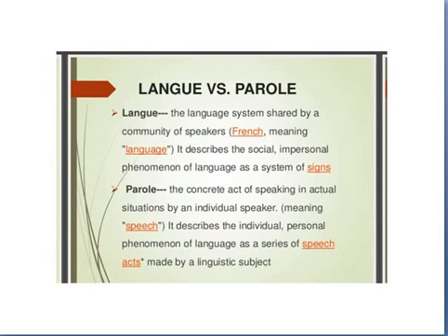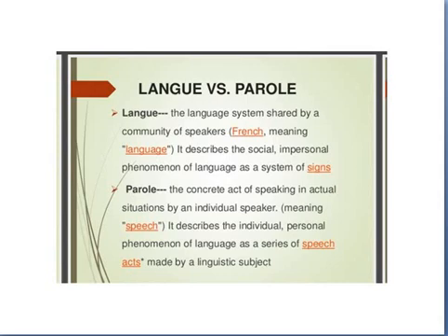Langue and parole. Langue, the language system shared by a community of speakers, French meaning language. It describes the social, impersonal phenomena of language as a system of signs, right? Whereas parole is concerned with the concrete act of speaking in an actual situation by an individual speaker, meaning speech.